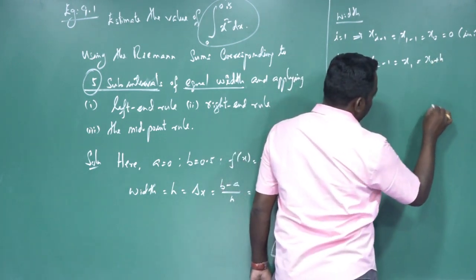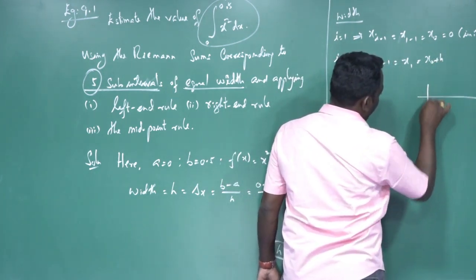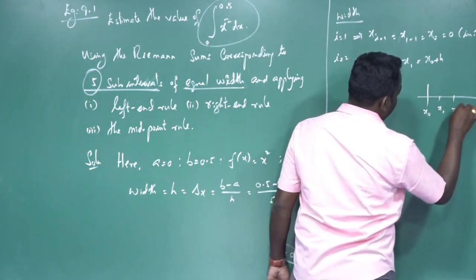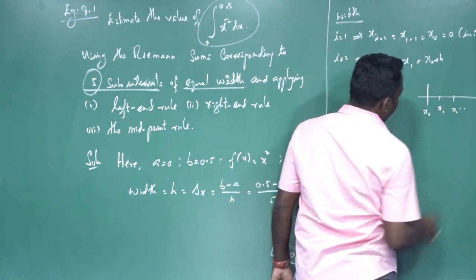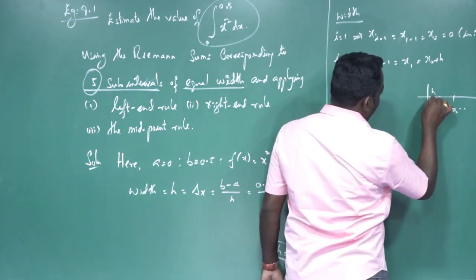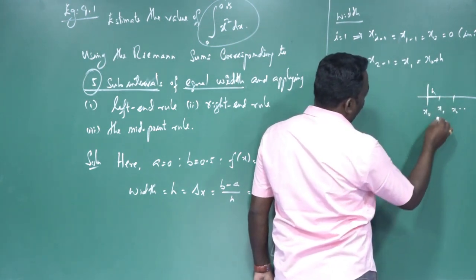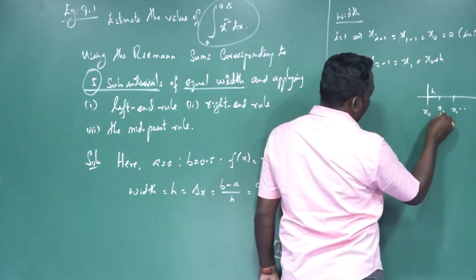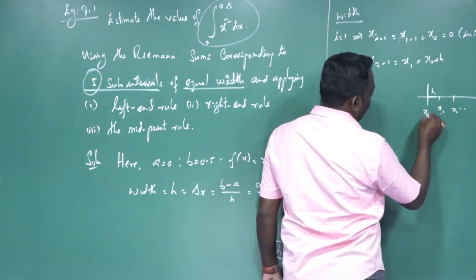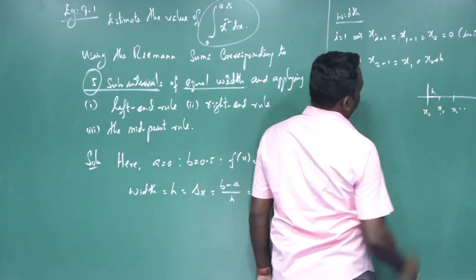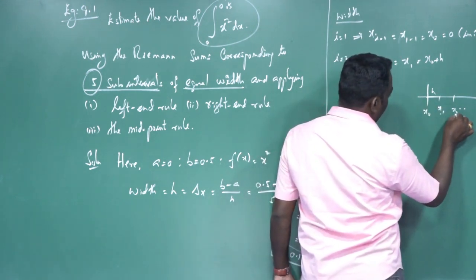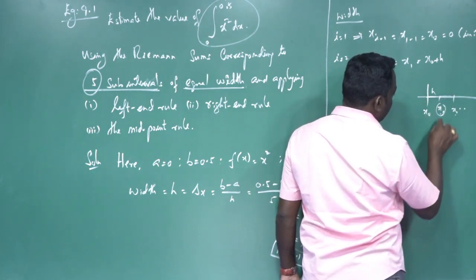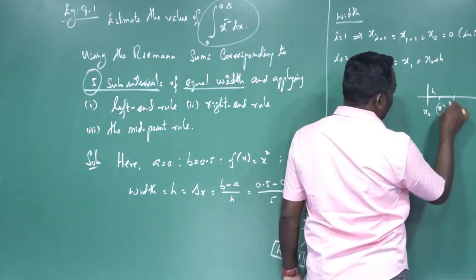That means the interval starts from x_0, then x_1, x_2, etc., up to x_n, with spacing defined by h. So x_2 is x_1 plus the width of the interval between x_1 and x_2, which is called h.